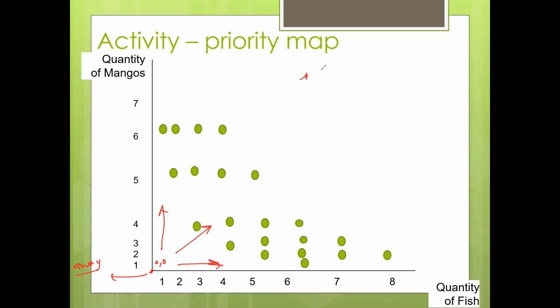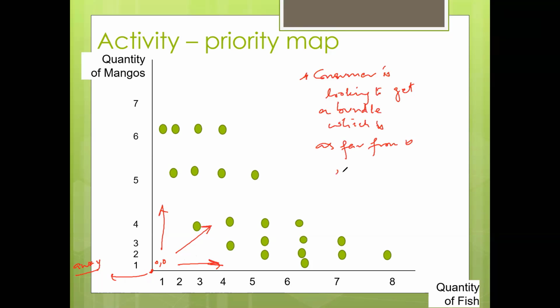So this graph shows that the consumer is looking to get a bundle which is as far from zero as possible, because for him zero means zero utility.